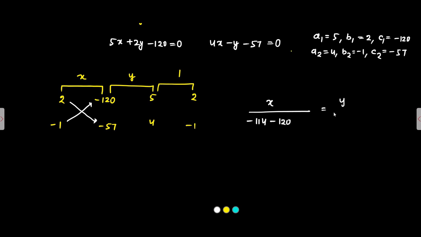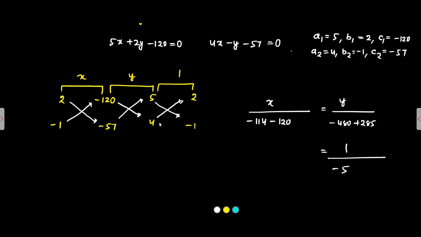Then for y, this minus this: minus 120 into 4, which is equal to minus 480, minus 57 into 5, so it is minus 285. So minus 480 plus 285. Then for 1, this minus this: 5 into minus 1, that is equal to minus 5, minus 4 into 2, which is equal to minus 8.